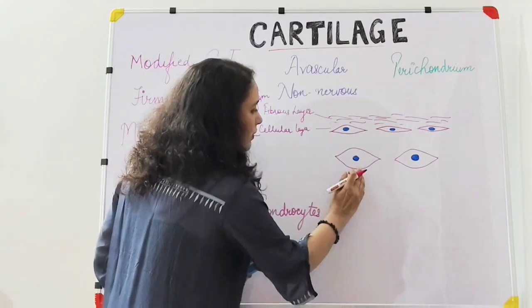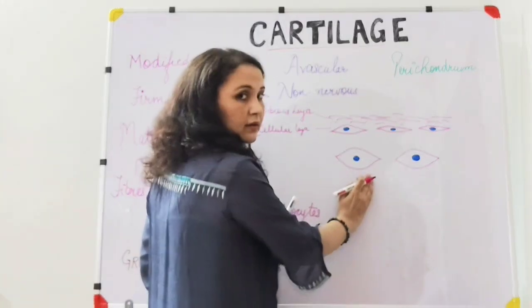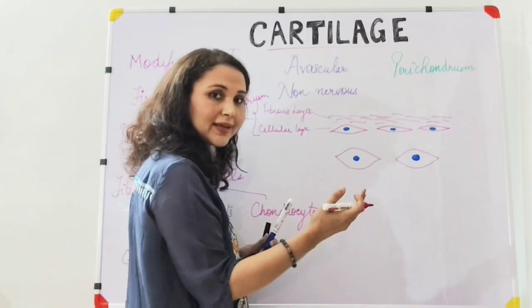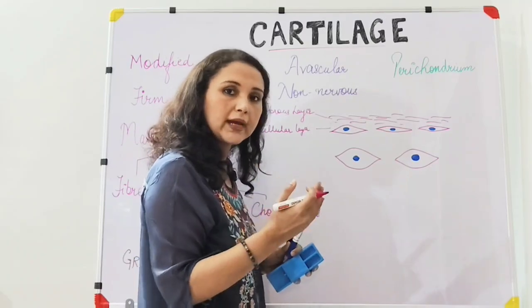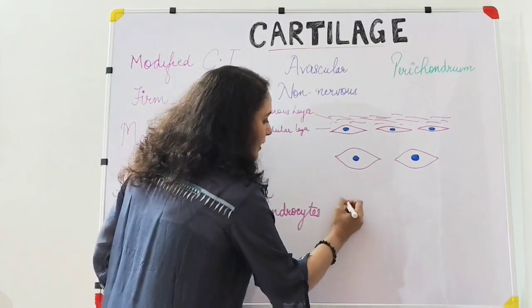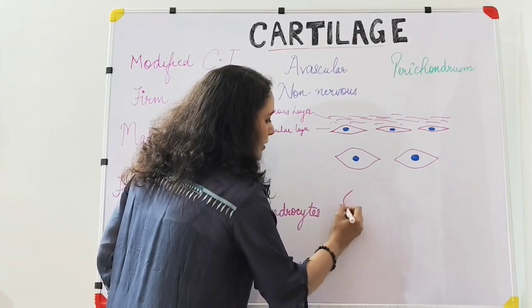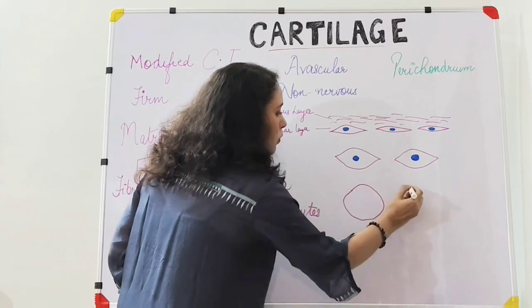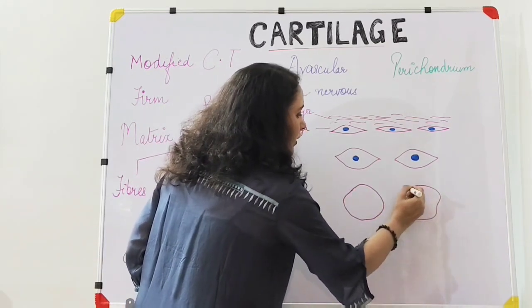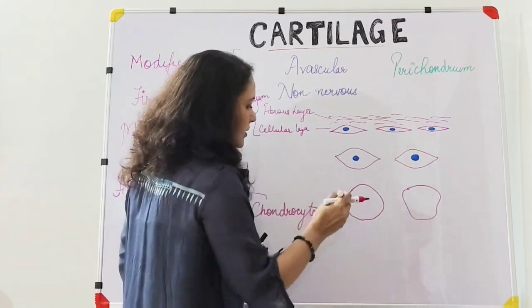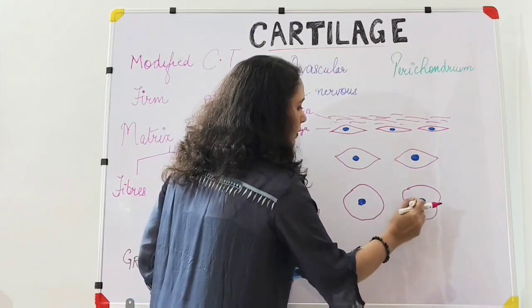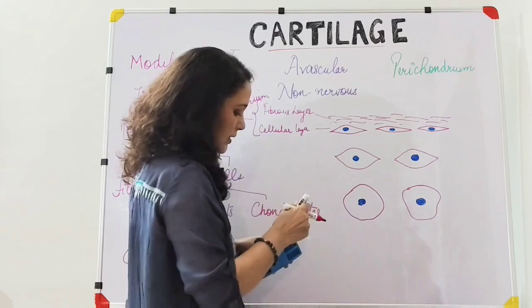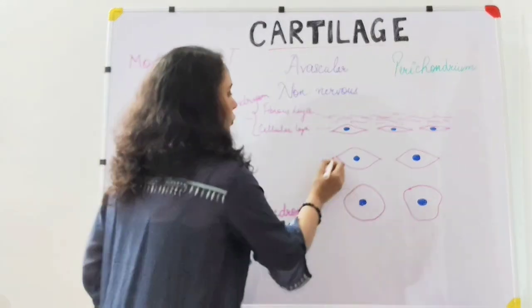And then these chondroblasts form the cartilage, and when they lose the power to divide mitotically, they get embedded deeper in the matrix, become round and larger in shape, and have a lighter nucleus. So now we call them chondrocytes.